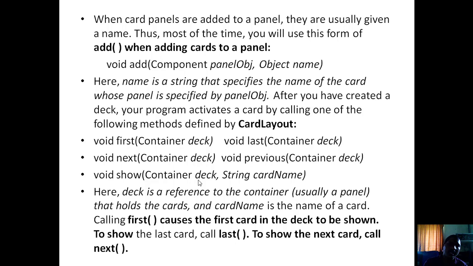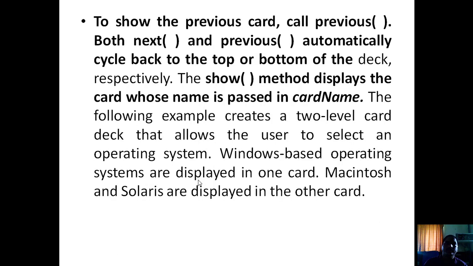And to show a named card, we need to call the show method. Both next and previous automatically cycle back to the top or bottom of the deck respectively. The show method displays the card whose name is passed in cardName. That card, whose name we pass, will be shown by using the show method.